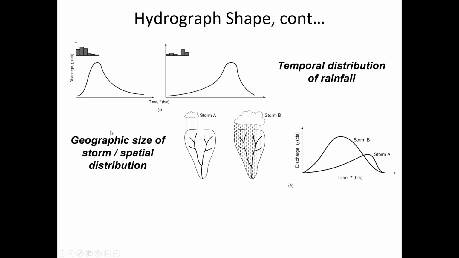This next illustration is just showing that sometimes a storm doesn't cover the entire watershed. Even if you have a rain gauge here where it is storming, sometimes the rest of the watershed is dry. Look at storm A, it is just in this faraway reaches. And so the water that gets into the channel at this location has to travel through a dry stream.